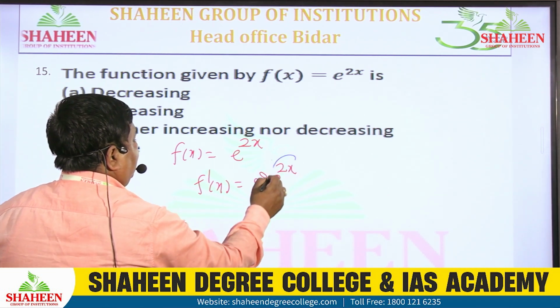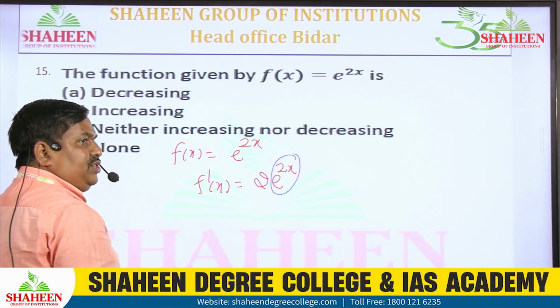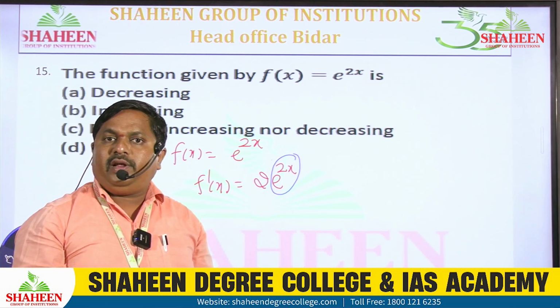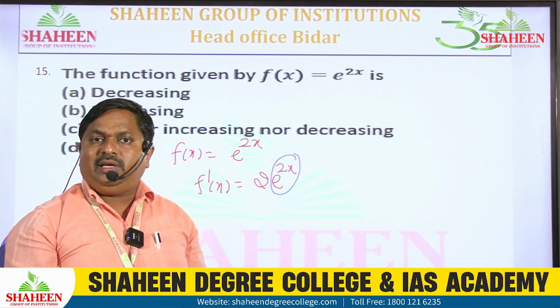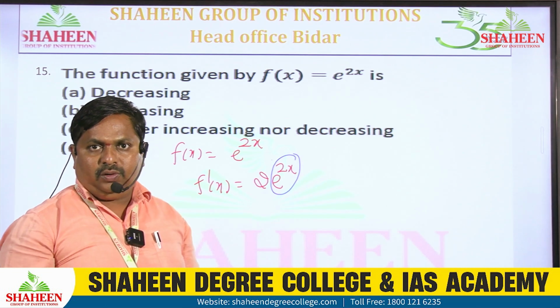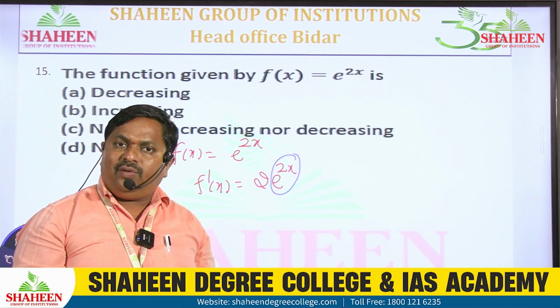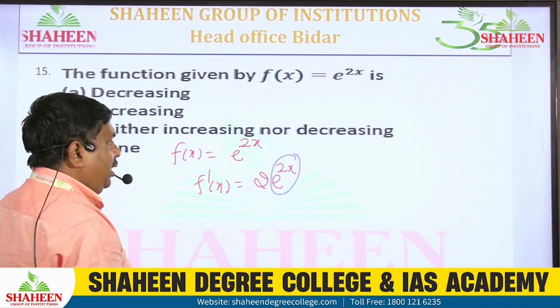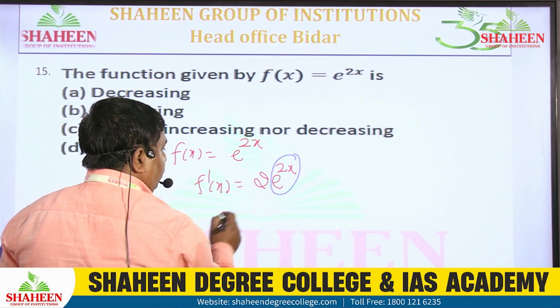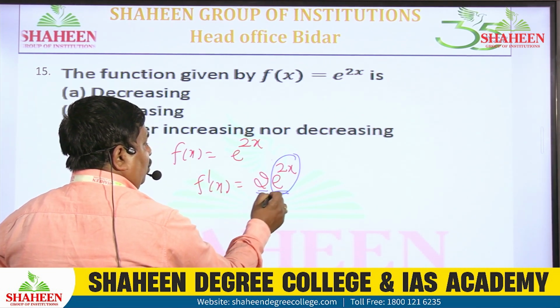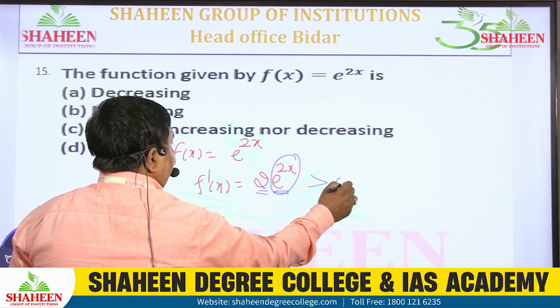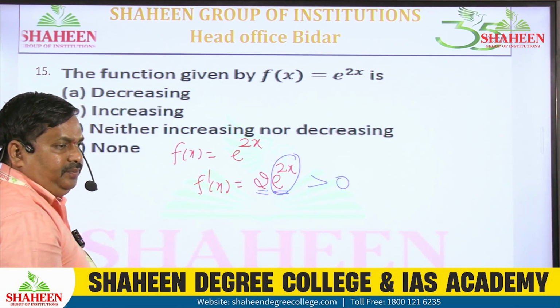So what is this? This is an exponential function. Exponential function value is always positive. So that value is always positive. Okay, so positive into 2, then the total result is positive only.